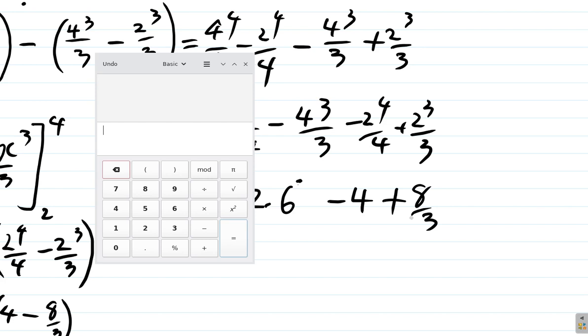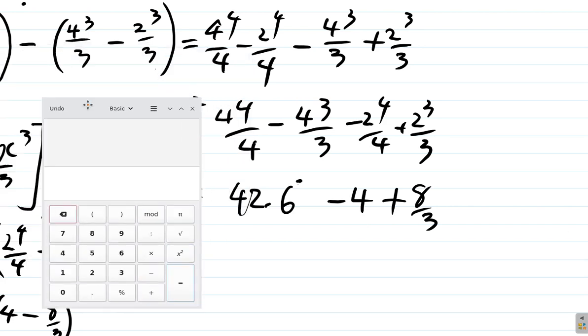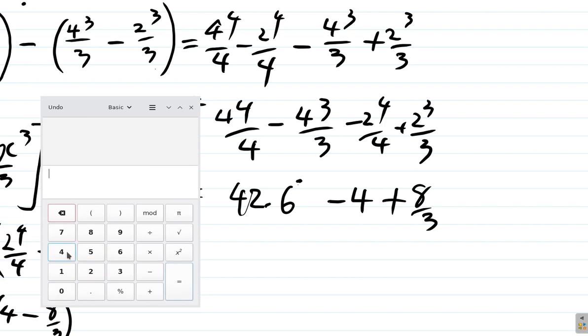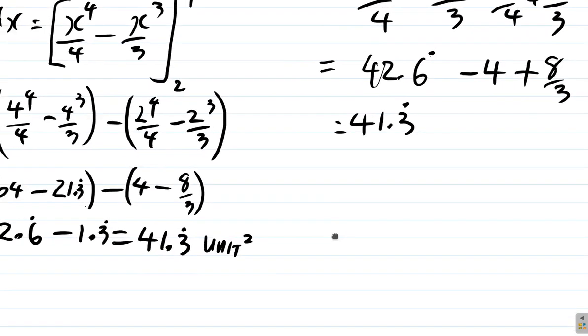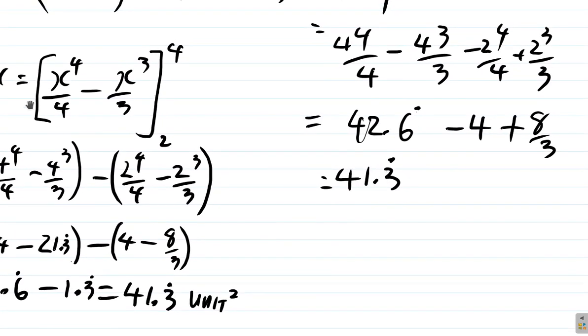But anyway, 42.6 repeated minus 4 plus, let's say 8 over 3 in brackets equal, I get 41.3 repeated. The answer we get is 41.3 repeated. Was it the same answer as before? Right. 41.3 units squared.